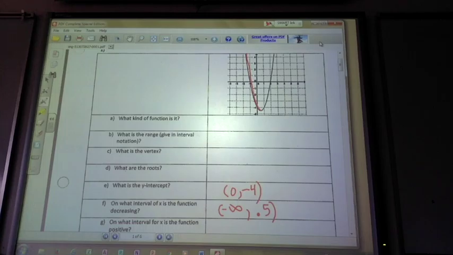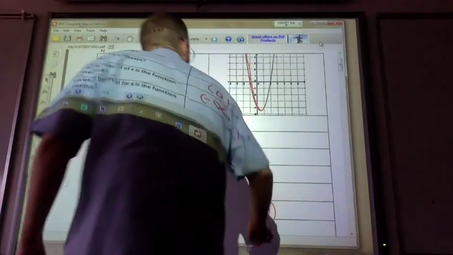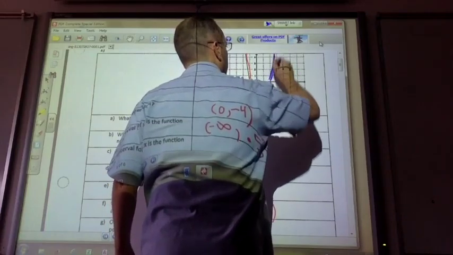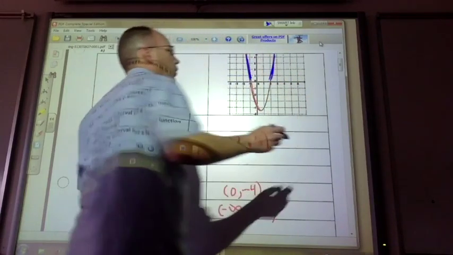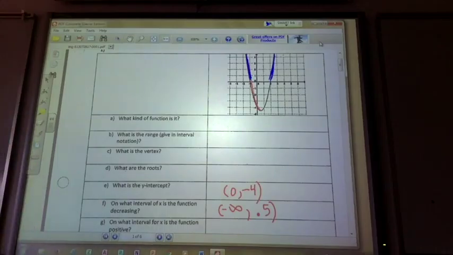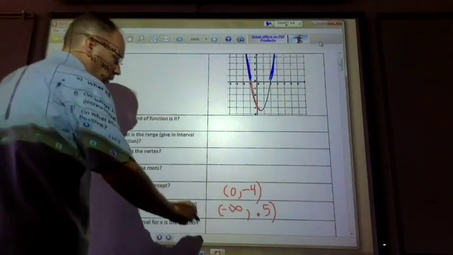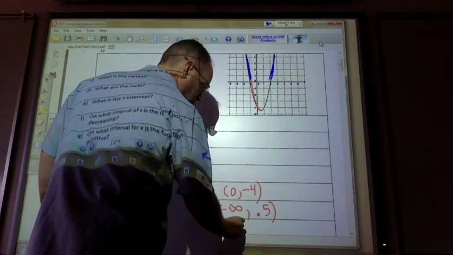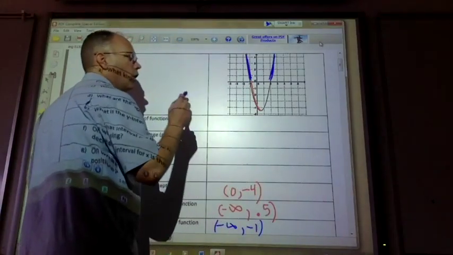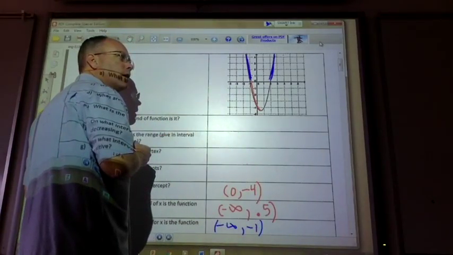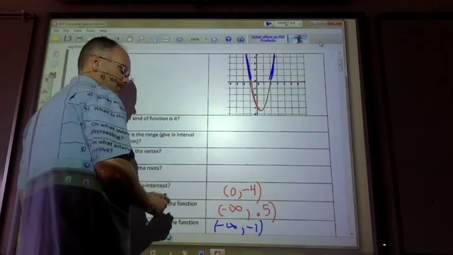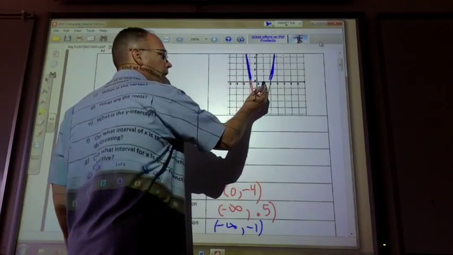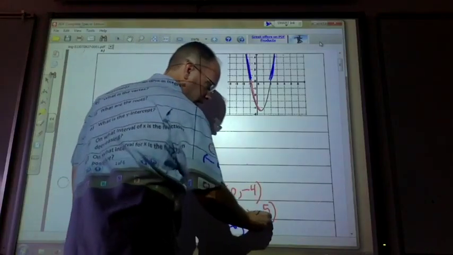And then letter G says, on what interval is the function positive? Okay, so the positive portion of it deals with this, here and here. Those are both above the x-axis. That's where it's positive. So there's two regions. It goes from -infinity to -1, and it also goes from what to infinity? 2.